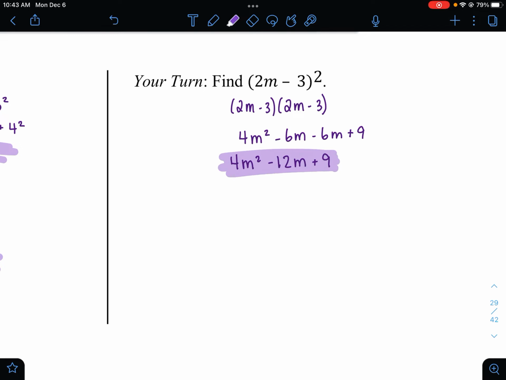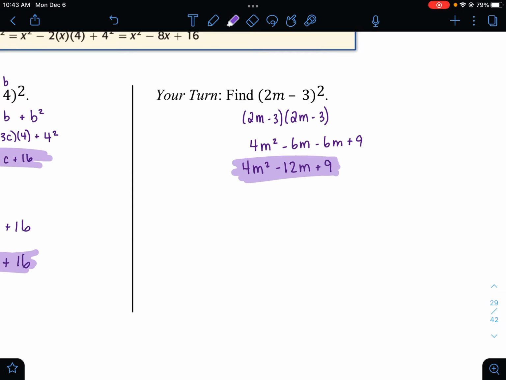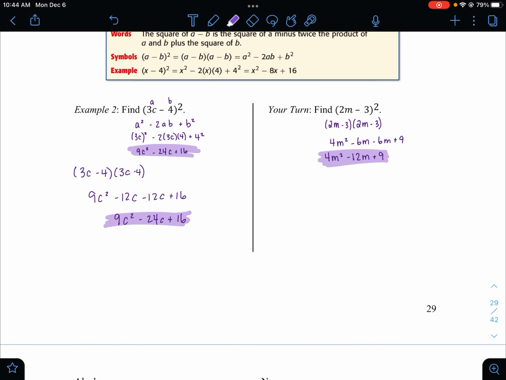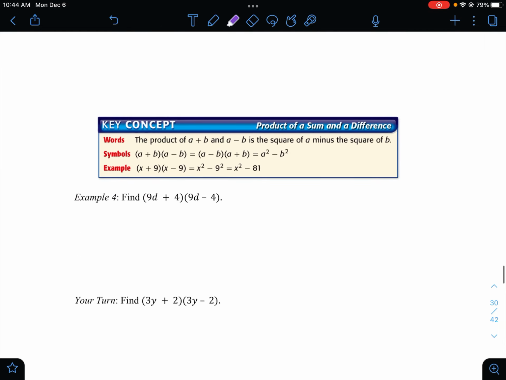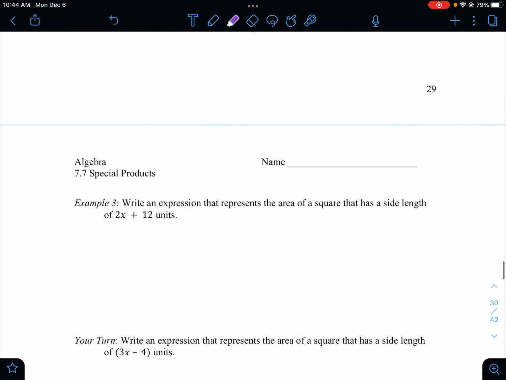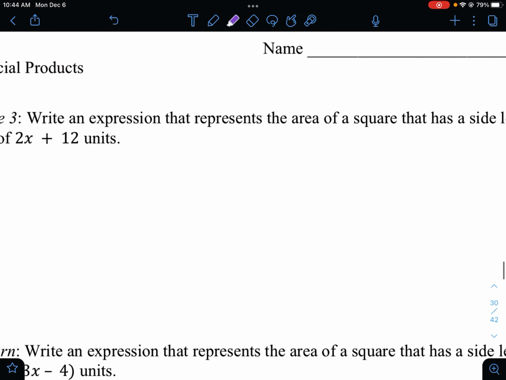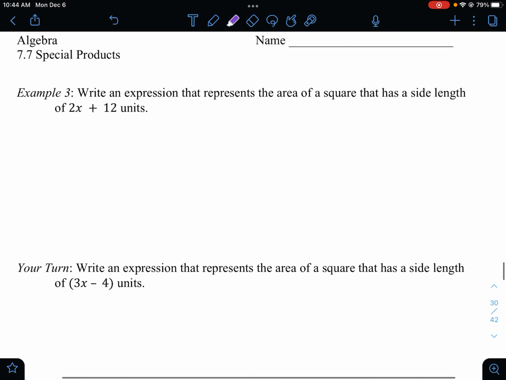We get 4m squared minus 12m plus 9. All right. Moving right along, only two more examples. Example 3 says write an expression that represents the area of a square that has a side length of 2x plus 12 units.